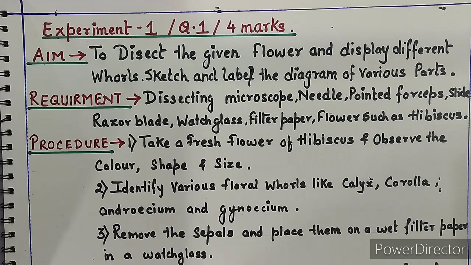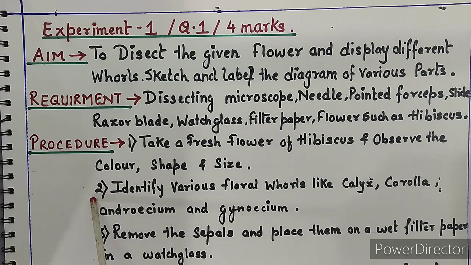Now, to carry on this experiment, we will proceed step by step, which will be the procedure for the experiment. Let's start with the first step. Very first, you take a fresh hibiscus flower in your hand and observe the color, shape and size of the flower.